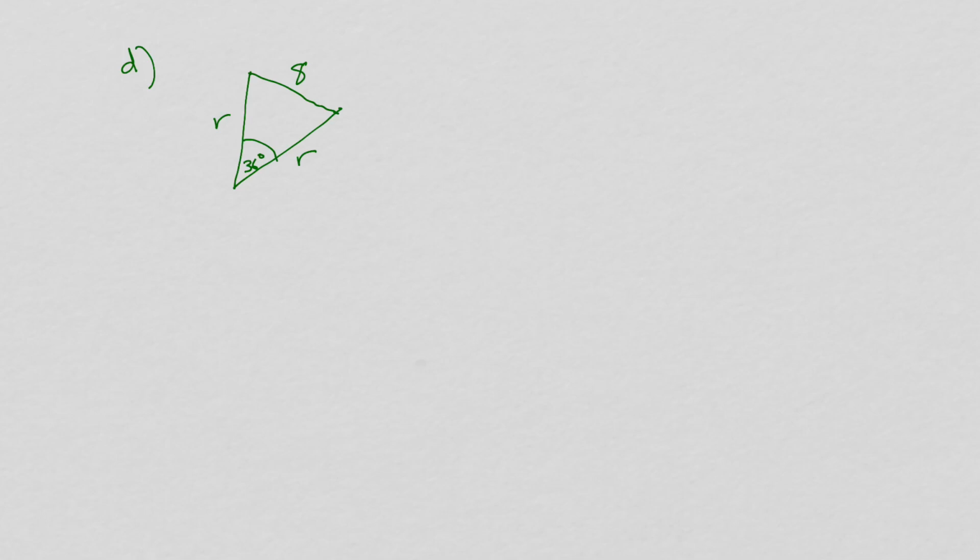So the area of our polygon is n over 2 times r squared times sine of 360 over n. And we know what n is. n is 10. So we have enough information to fill in n. The side is 8.